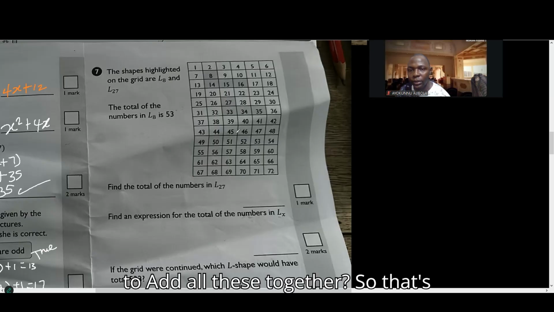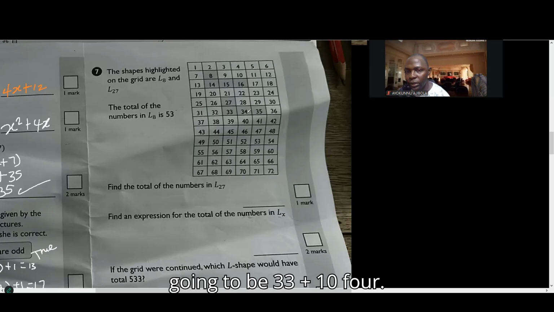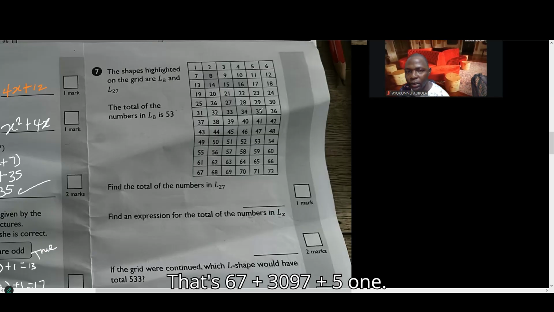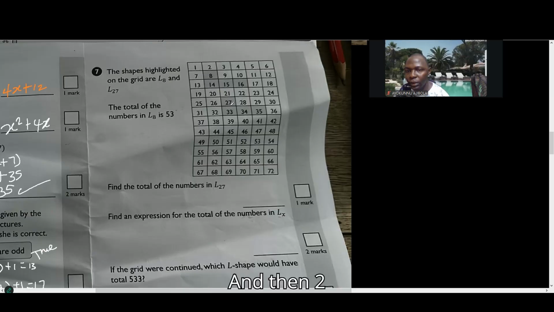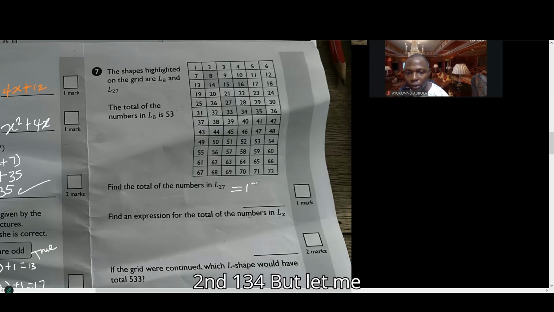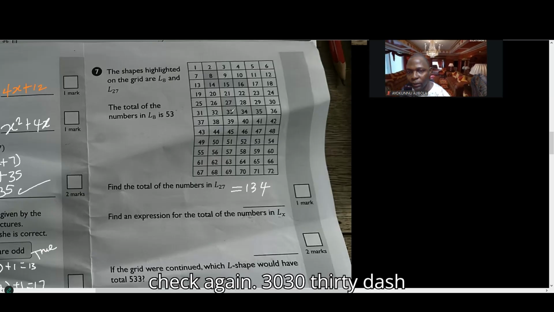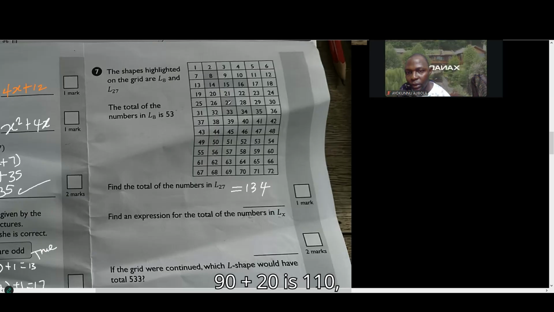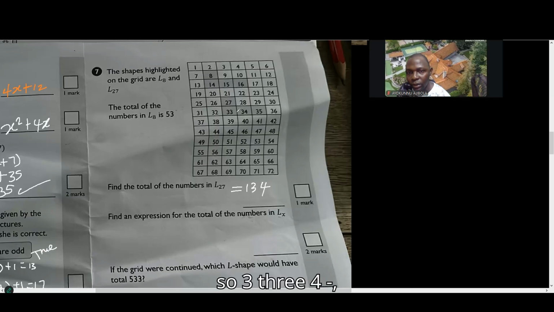So that's going to be 33 plus 34, that is 67 plus 30, 97 plus 5, 102 plus 20, 122 plus 7, 129. But let me check again. 30, 30, 30, that's 90 plus 20, that's 110.